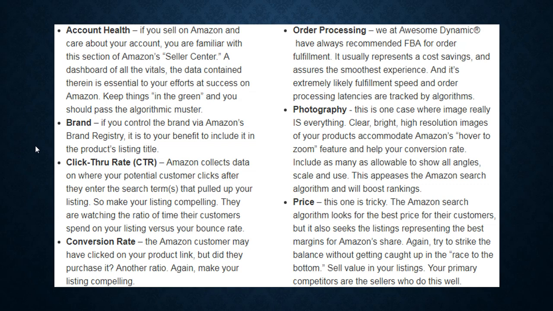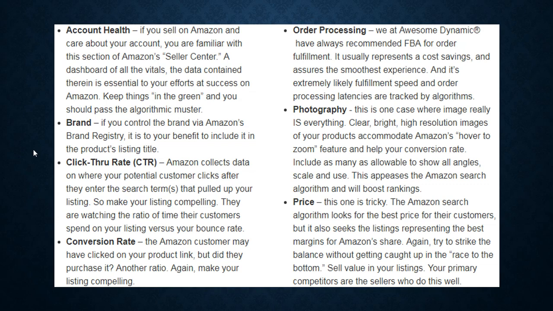Click-through rate and conversion rate are actually very important. So the point of these two points is that when a customer is searching for something, and later on I used an example of a sailboat t-shirt.